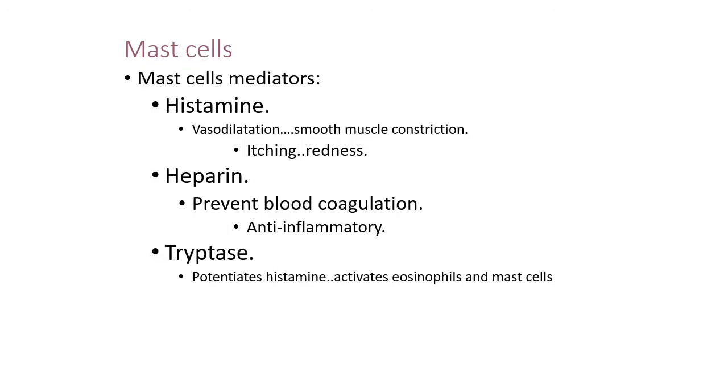The mast cell contains histamine that causes vasodilatation and smooth muscle constriction. It causes itching and redness. The heparin prevents blood coagulation. Then tryptase potentiates histamine and activates eosinophils and mast cells.